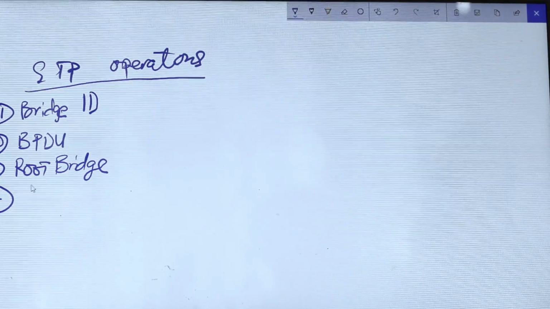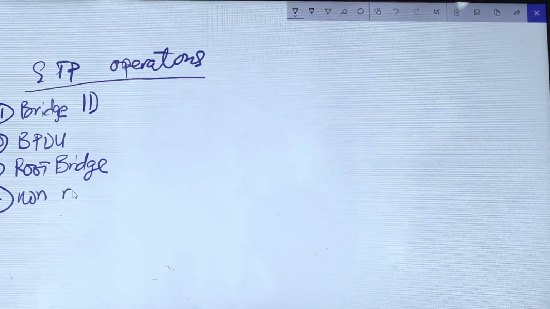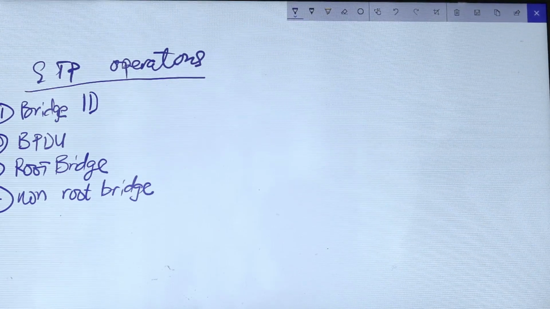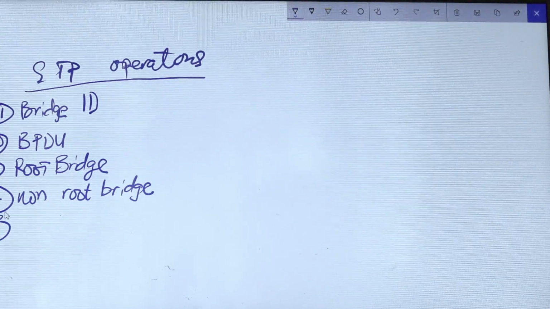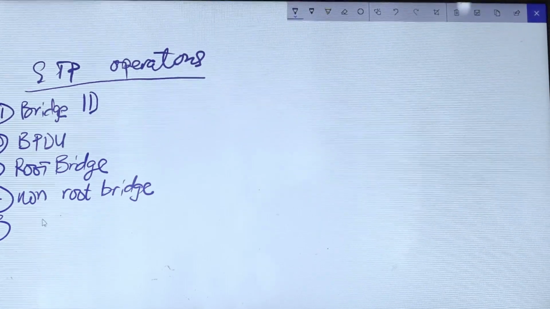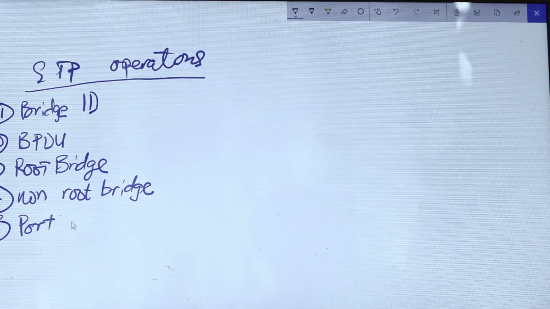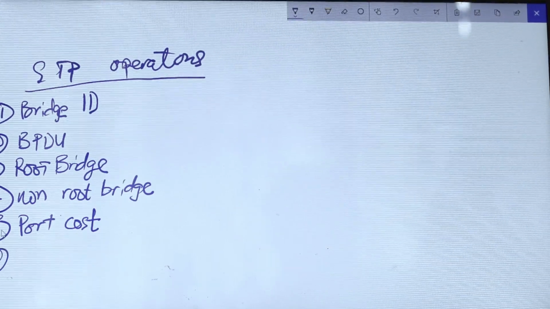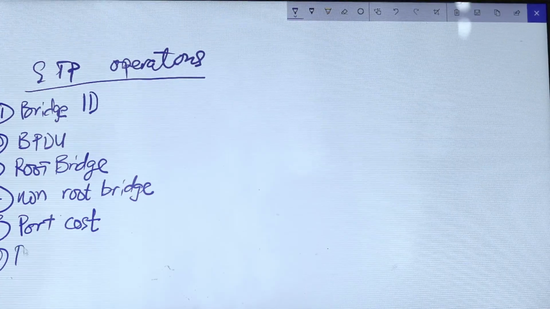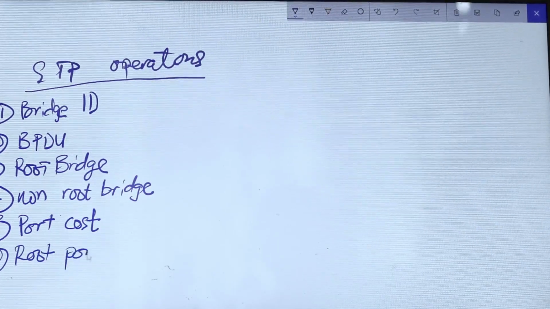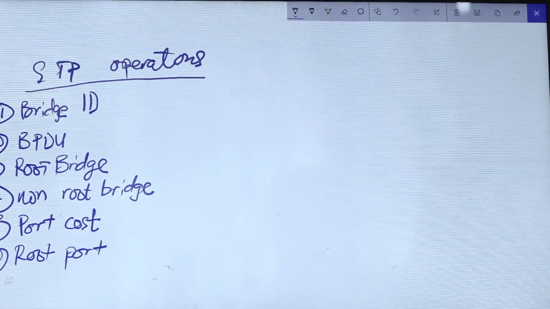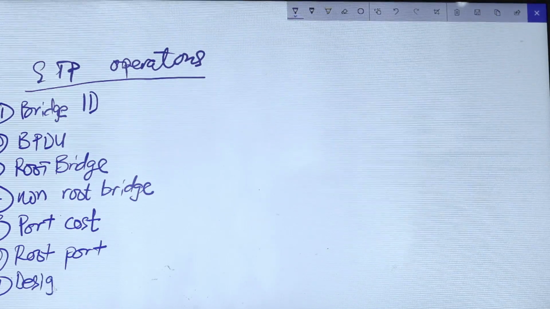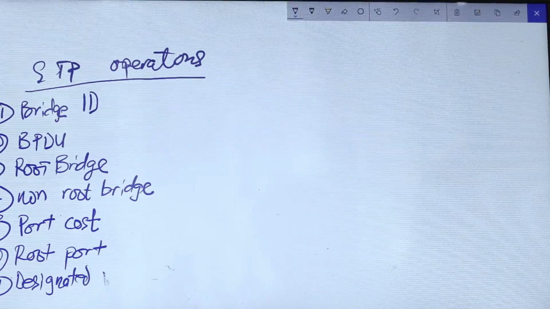Four, non-root bridge. 5, port cost. 6, root port. 7, designated port.